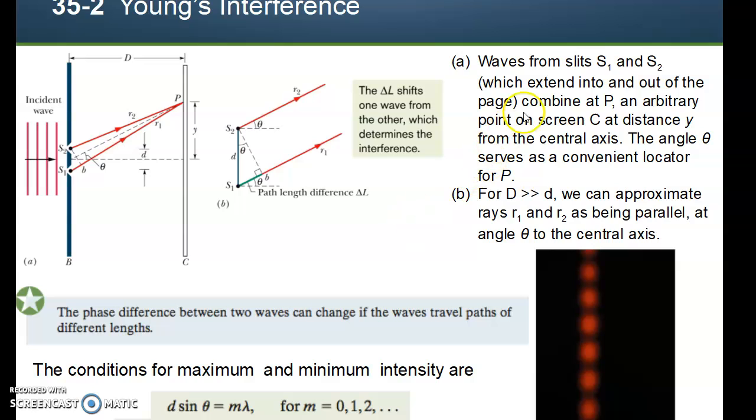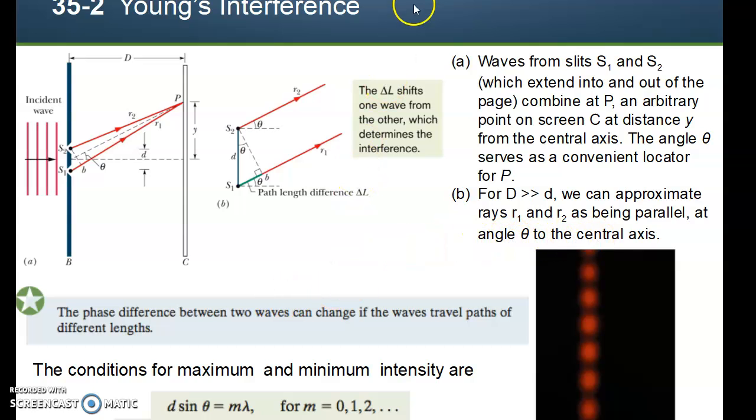Now, waves from slits 1 and 2, which extend into and out of the page, combine at any point P at some distance. And for this distance being much greater than the distance between the slits, you can approximate those as being parallel at angle theta to the central axis.